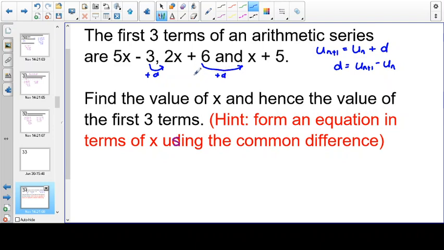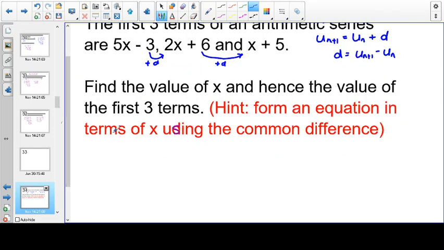Now we can use that to form an equation using the common difference, because we can say that the third term take the second term, if that's the common difference, and the second term take the first term is the common difference, then those two must be equal to each other, because they are both the common difference.